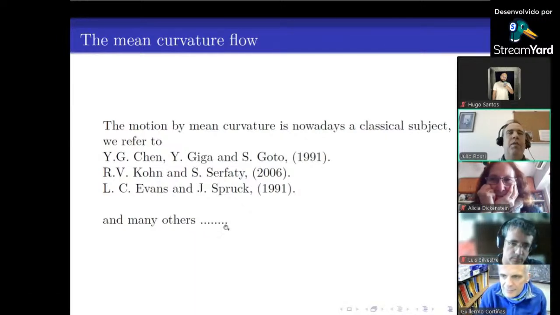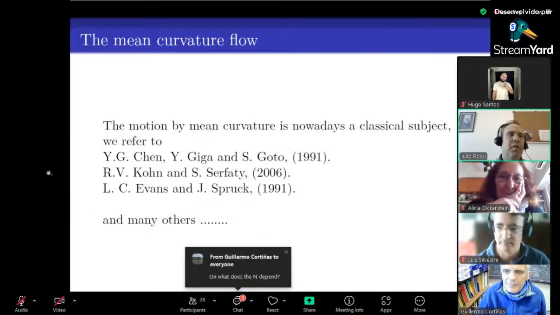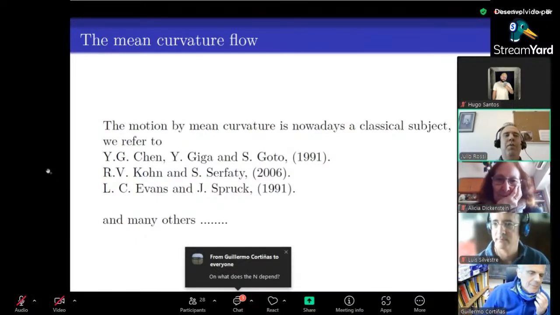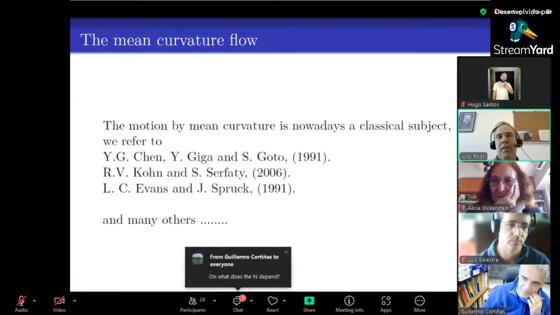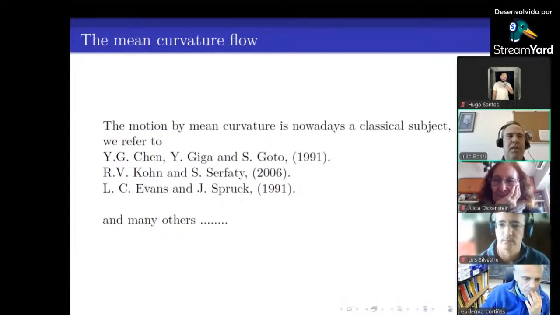Sorry again for any possible omission. The only point that I'm going to make is that this paper by Kohn and Serfaty makes a connection for this mean curvature equation with game theory. And we are going to go back to this connection later on.